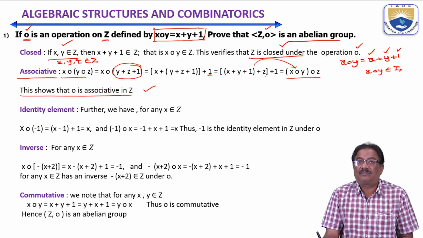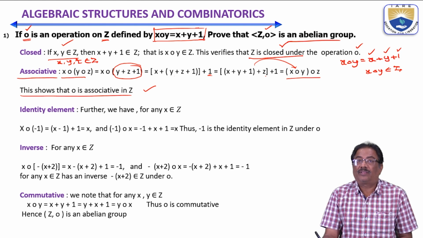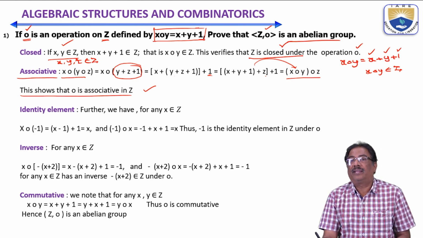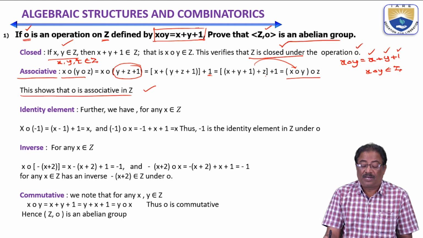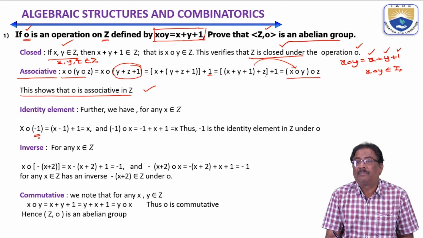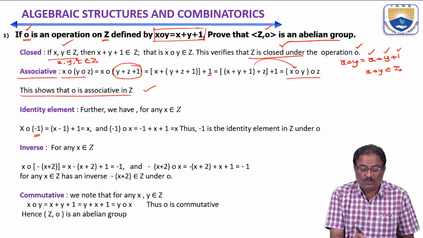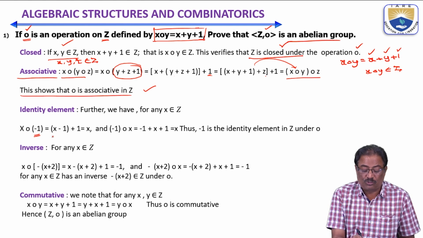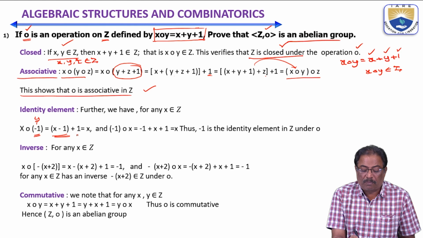Now we are going to discuss whether it satisfies the identity element or not. For that we find out whether it has any identity element under this binary operation. Let us consider minus 1, which is an integer, so definitely it is also a member of Z. So x circle minus 1 is equal to x plus y, calling this y, plus 1.